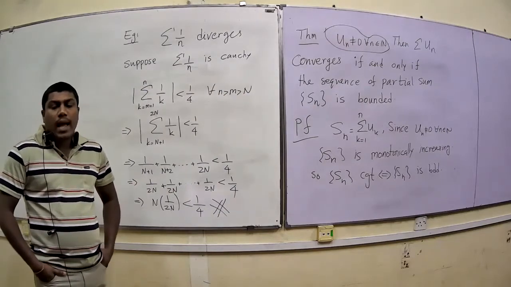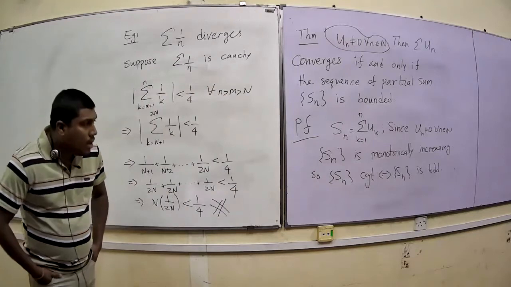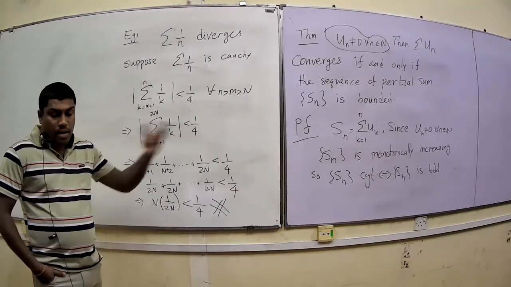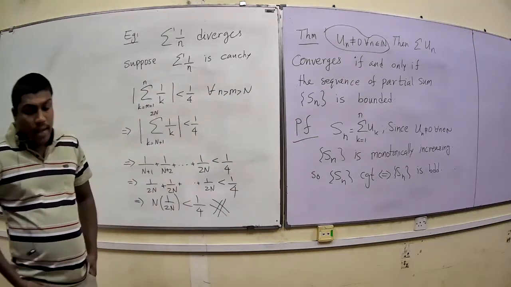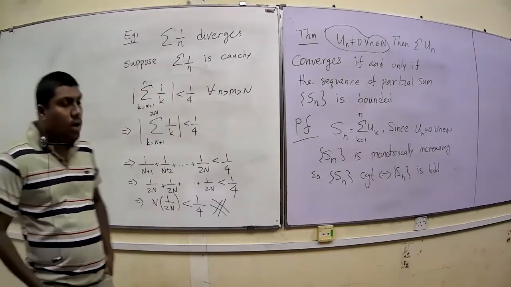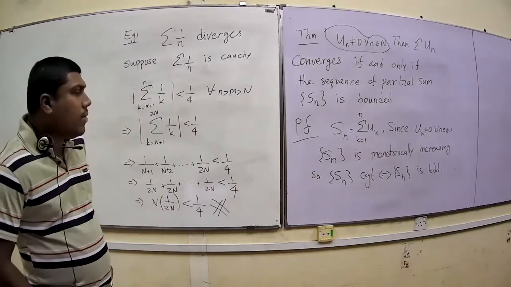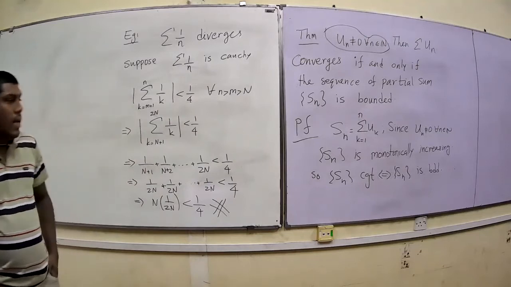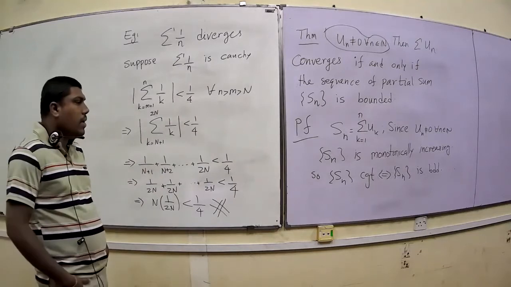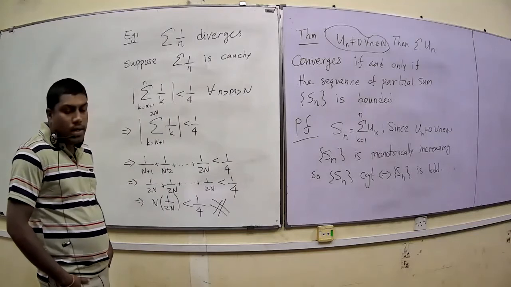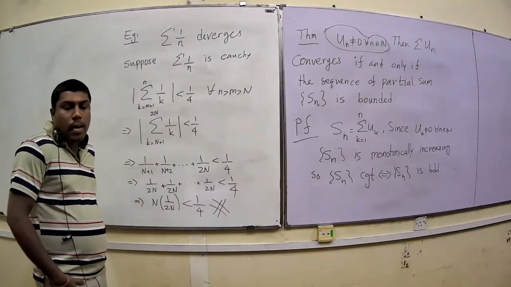So S2 is obviously bigger than that, right? Because of the fact that u_n is non-zero for all n, the sequence is increasing, a monotonically increasing sequence. So if it is increasing, then it is convergent if and only if bounded.